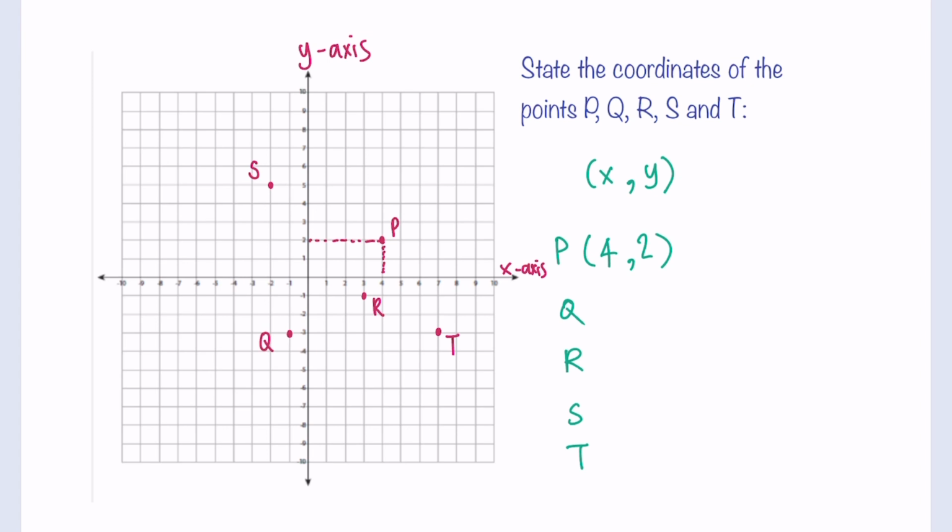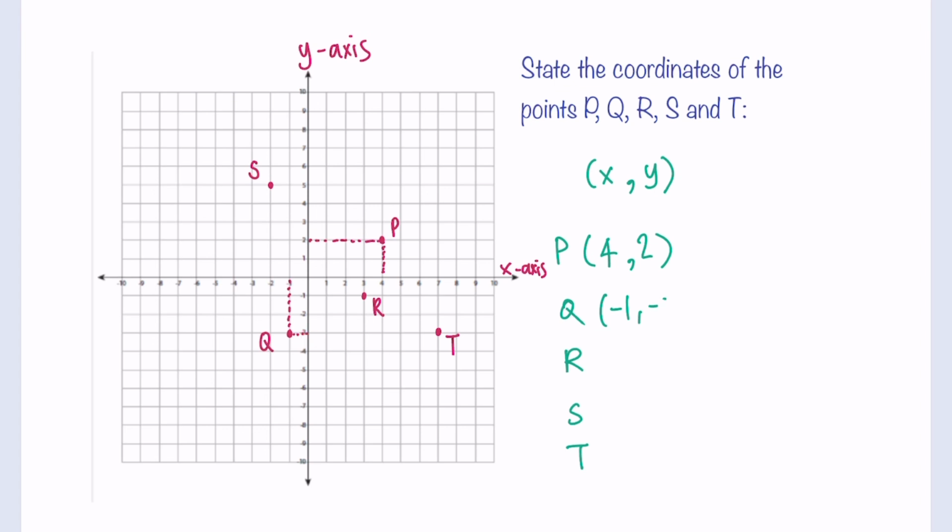Let's check for point Q. We have point Q right here. And if we were to extend vertically and horizontally, we see that first, where it touches the x-axis is the x coordinate, and we see that this is -1. So for Q, x coordinate is -1, and for the y, where it extends, it passes through -3 on the y.